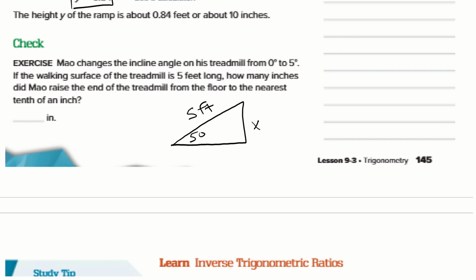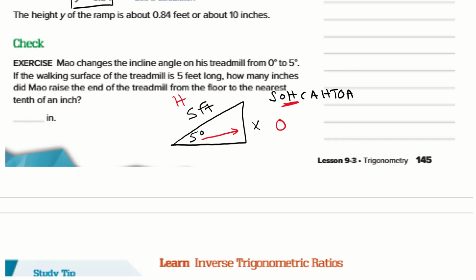All right, so notice that this is 5 degrees. It looks like 50, so let me change that. So 5 degrees. Okay, so now this is opposite of that angle, right? So opposite, and this is hypotenuse. So which trig function has opposite and hypotenuse? Well, that's SOH. So that's going to be sine.